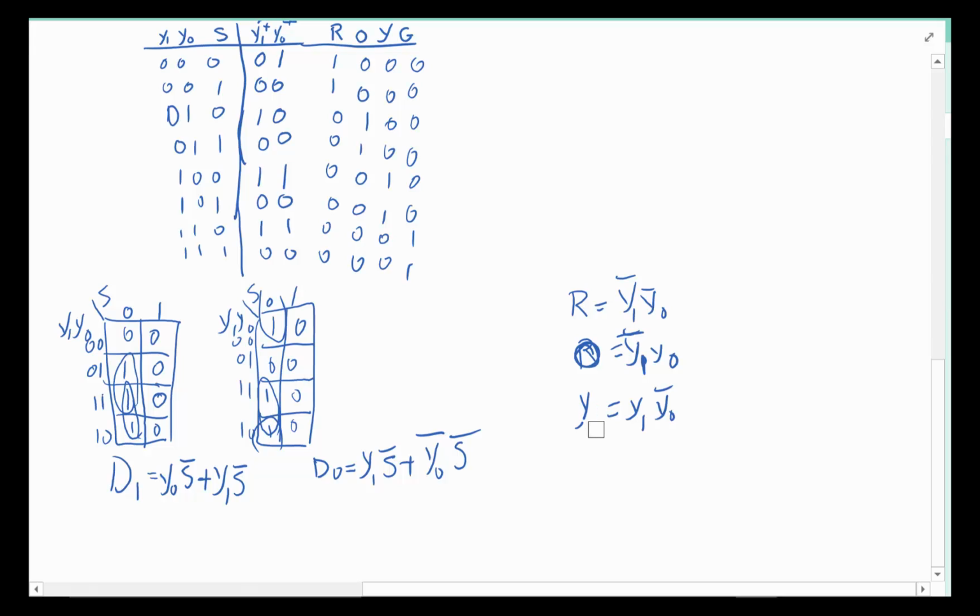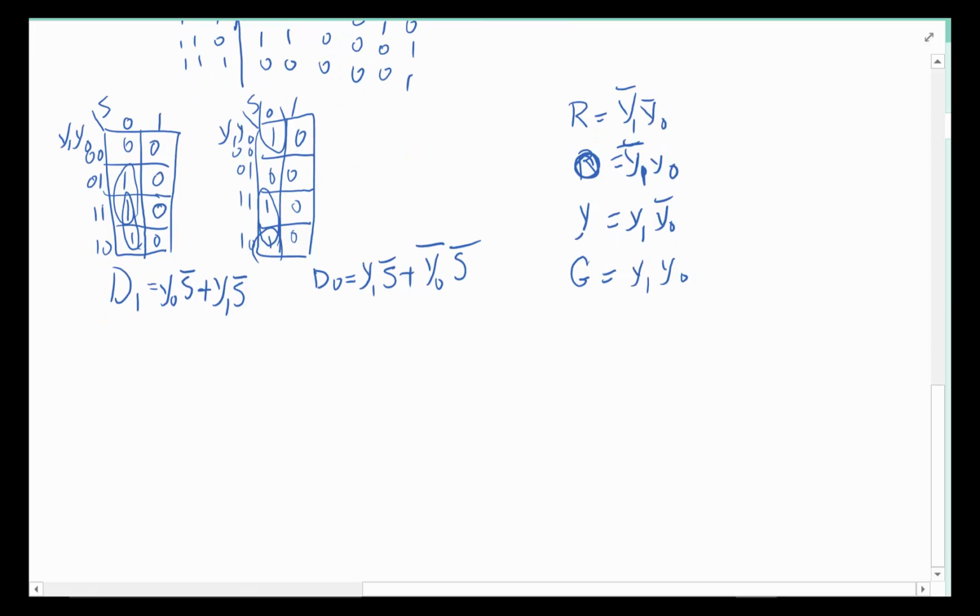That was unfortunate naming. And then green would be basically Y1 Y0. Okay, so this is it.